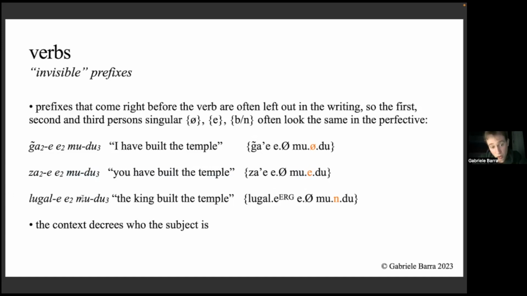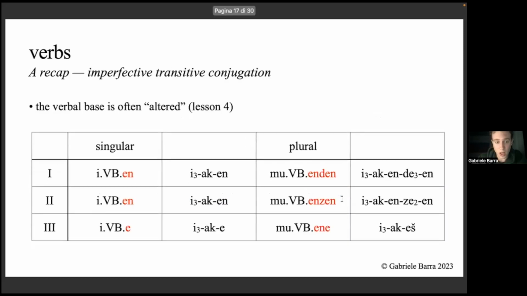And then we have the third case, which is the most frustrating. Lugal e, because it's in the ergative, so the king, e2, the temple, mudu, has built. So the king built the temple. We should be seeing an n, but the n disappeared. Same thing with the b for the inanimate class.